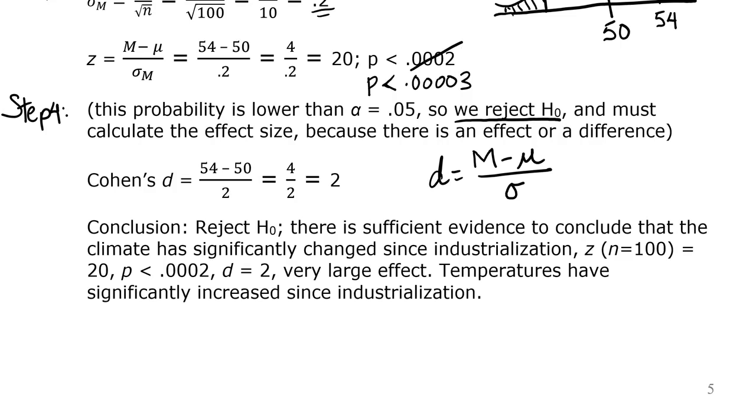So z, n equal to 100, is equal to 20, comma, p less than 0.00003, comma, d is equal to 2, which is a very large effect.